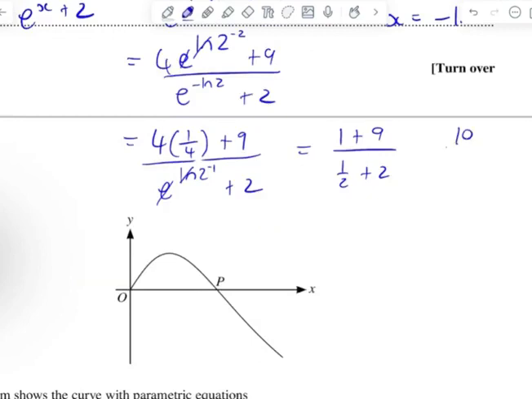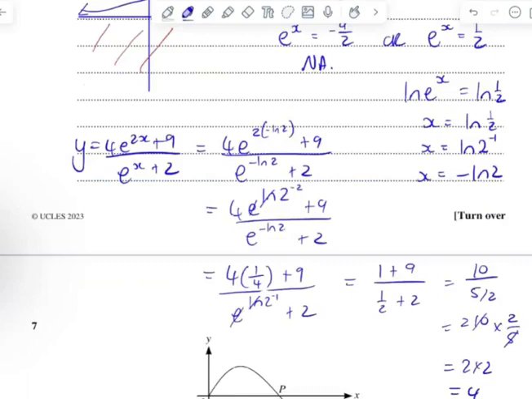So we're going to end up with 10 over 2.5, which is the same as 5 over 2, which is the same as 10 times 2 over 5. If I cancel out the 5 and the 10, I'm going to end up with 2 times 2, which is equal to 4.